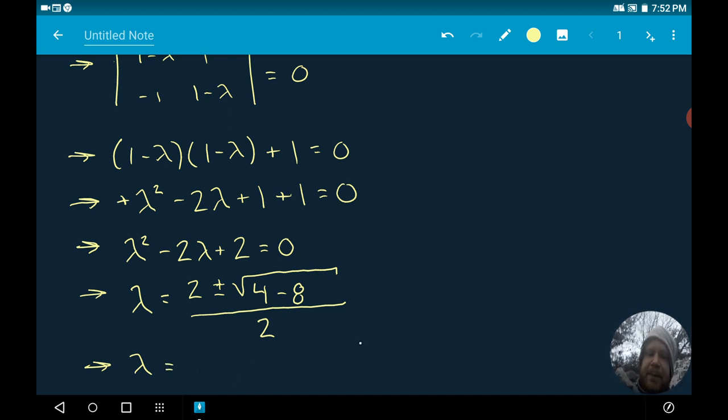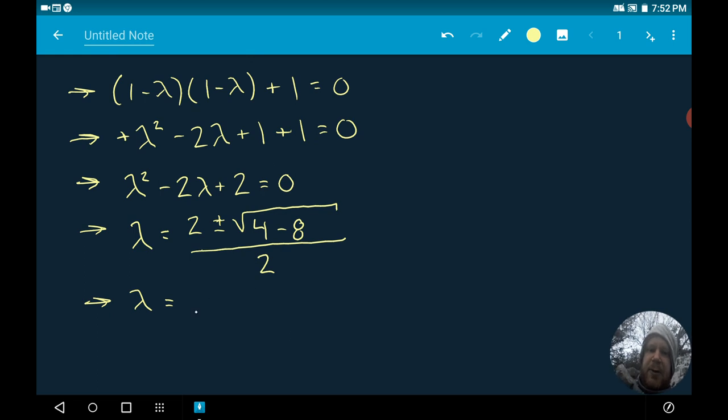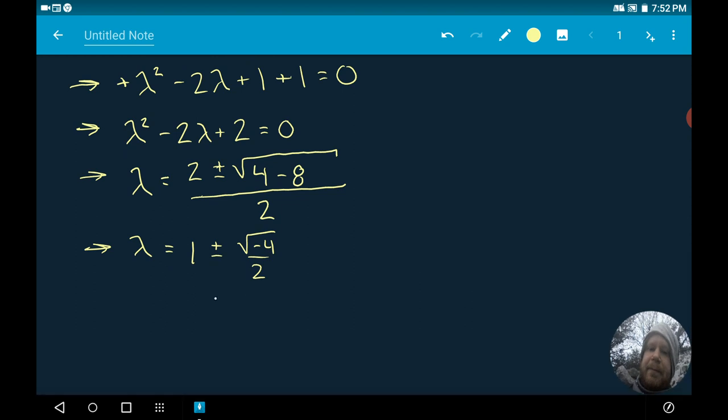So lambda is equal to, let's see, 2 over 2 is 1, plus or minus. Now we have this divided by 2. Don't forget to include that. Square root of negative 4. So lambda is equal to 1 plus or minus i, right? 2 times i divided by 2, so that's going to be i there.